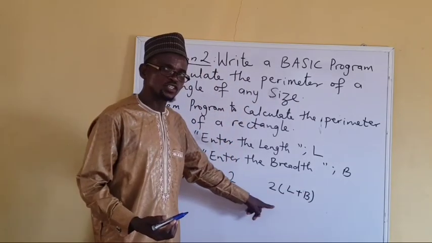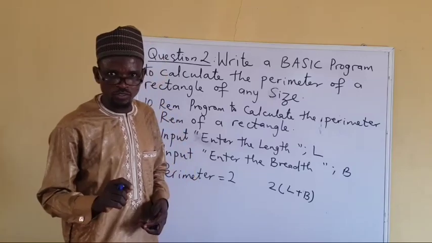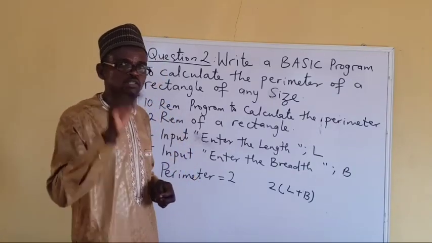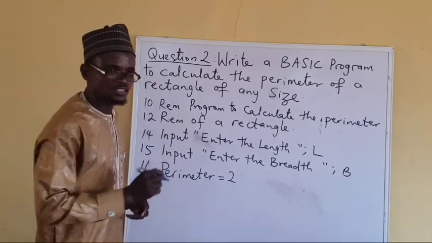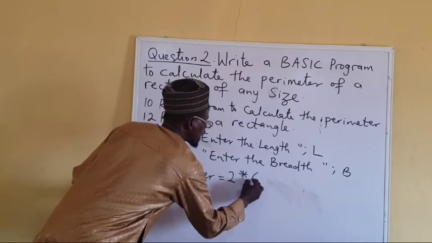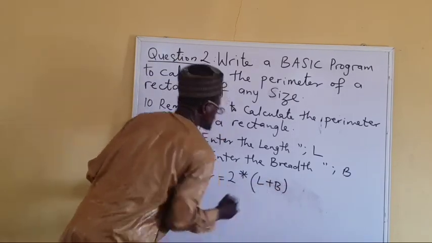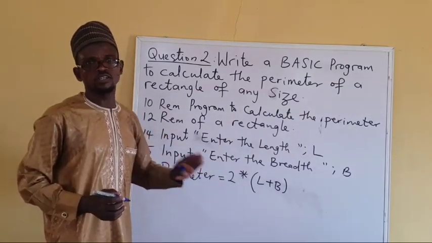The relationship between the 2 and the values in the bracket is multiplication. So when you are supplying it for the computer, you must put the multiplication sign. So we are going to write our formula as 2 multiplied by, we now open the bracket, L plus B, close the bracket. This is the formula the computer will use to calculate the perimeter.